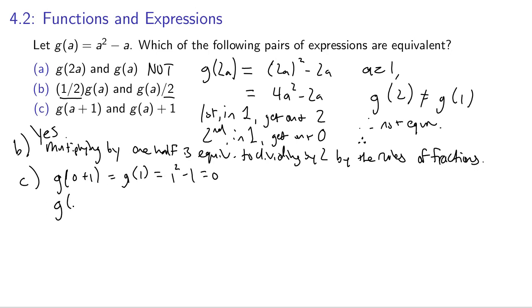In the second expression, putting in 0 for a, we get 0 squared minus 0, which is 0, plus 1 is 1. So those are not the same, because the first one gave us 0, and the second one gave us 1. So the answer is no, they're not equal when a equals 0.